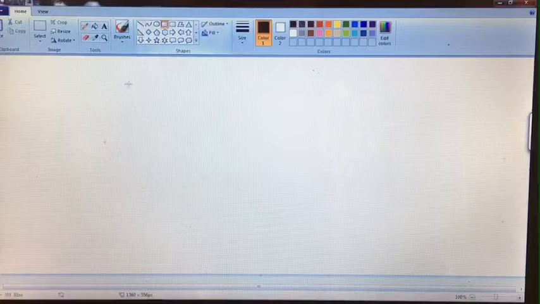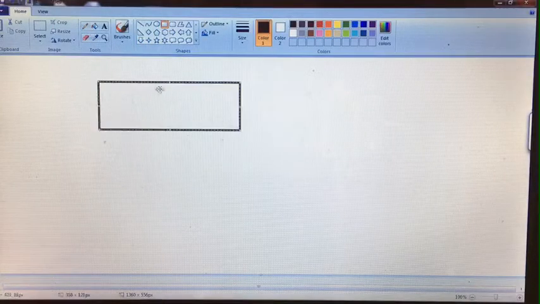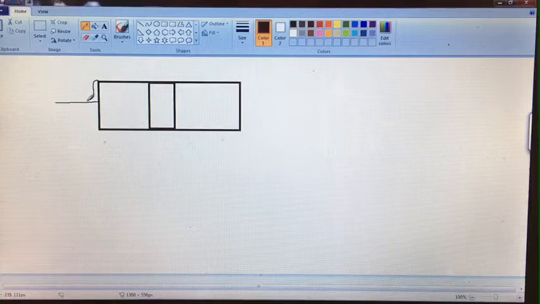Let's go in detail for PNP and NPN junction, NPN transistor. Then I have taken a sample of p-type semiconductor material and sandwiched n-type semiconductor material between them. This is metal contact.